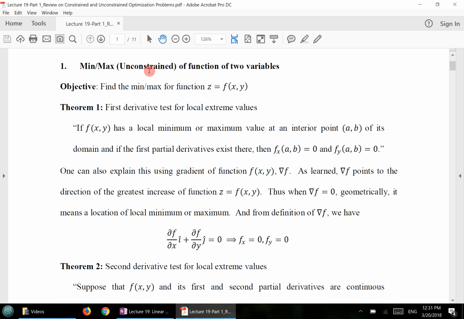In your first year you learn a function of 1 variable, y equals f of x. If you take a derivative and let it equal 0, then you find a critical point. Then you can do a second derivative test and find whether that's a minimum or maximum point, right? This is basically the unconstrained problem.